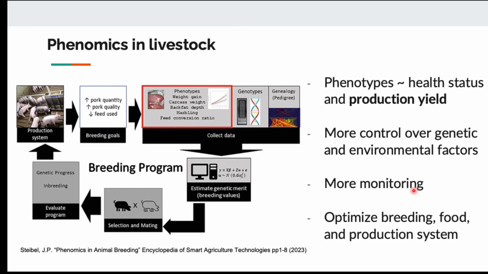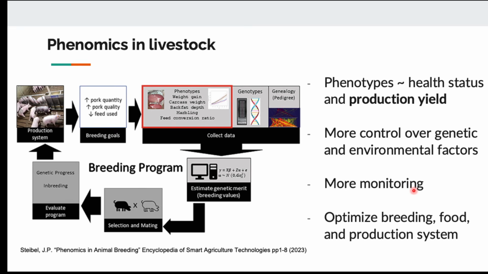If we think about phenomics in livestock, the phenotype of animals on the farm might be their health status, and also production yield: how much meat they produce, how many children they can produce, how many eggs they can produce. So it's slightly different from humans. For humans, it might be mostly about medicine.